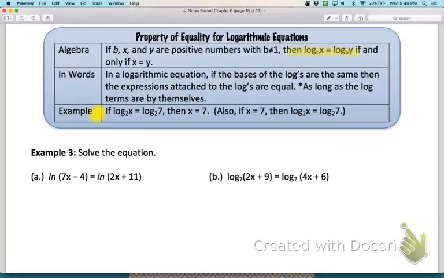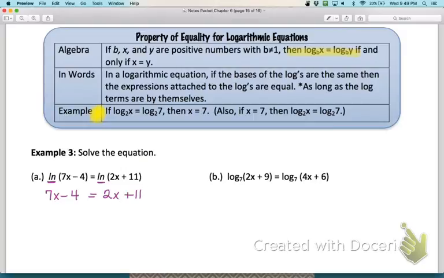Just like we said yesterday, we're not going to cancel out the logs, but we're using this property to tell us what relationship we can use. If they're both the same type of logarithm on each side, which in this case are both natural logs, the relationship we know is that 7x minus 4 is equal to 2x plus 11.